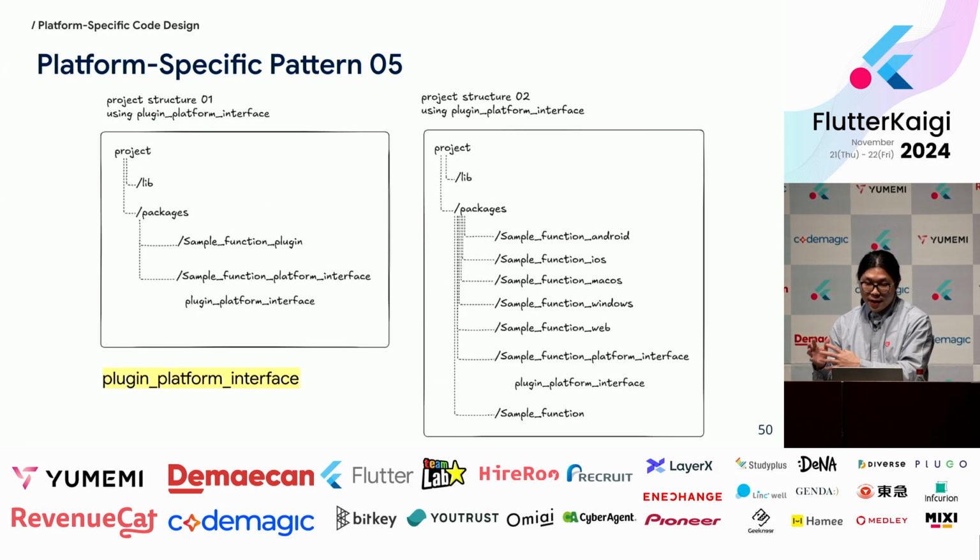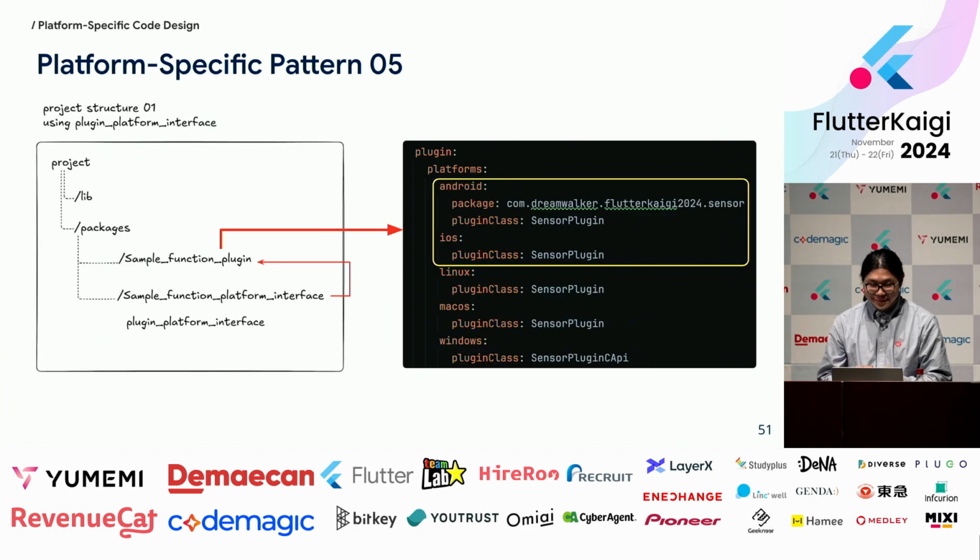Finally, we have a method of using the plugin_platform_interface package. By using this package, you can implement multi-platform native functionalities within a single plugin. Alternatively, you can create separate packages for each platform to develop specific functionalities in detail. When developing a plugin, you need to specify the platform-specific details in the YAML file.